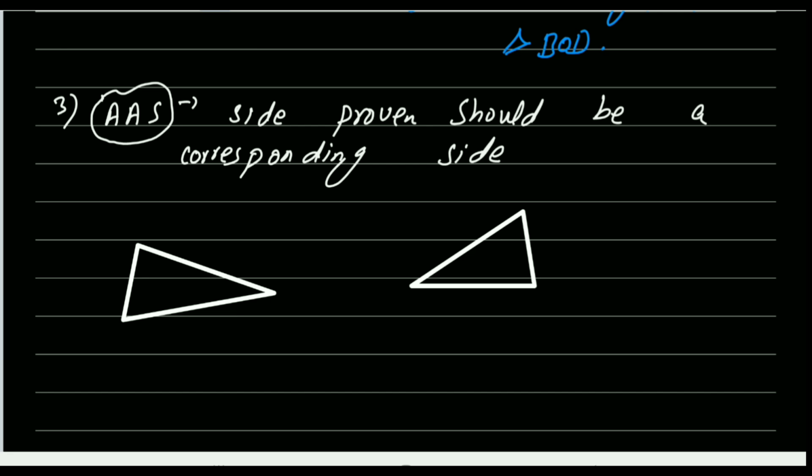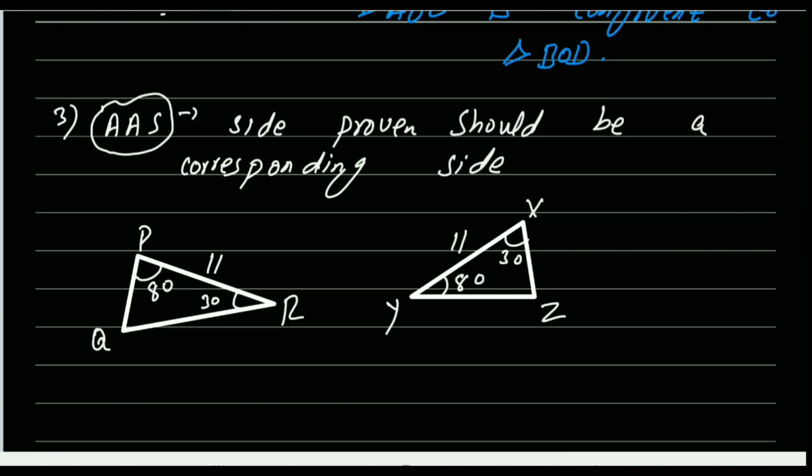Okay, so one triangle is PQR, the second triangle is XYZ. This is 30, 80, 11. This is 80 and this is 30. So how can we prove that these two triangles are congruent with the help of angle side?